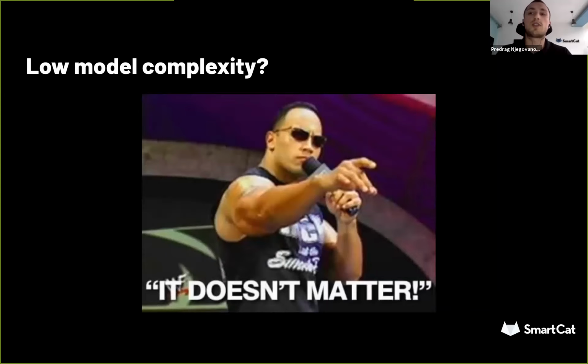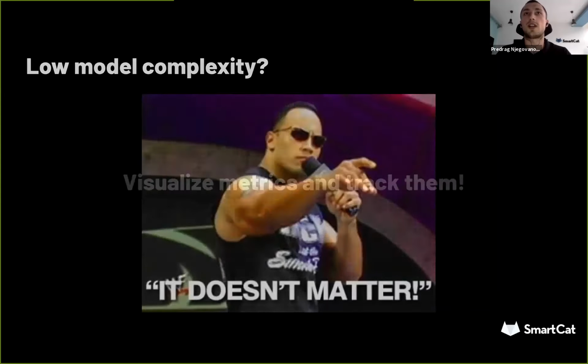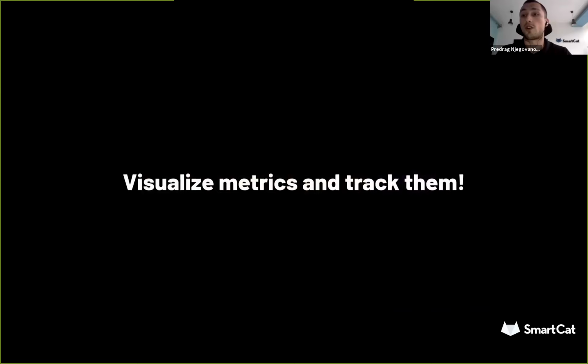So what's really important in reinforcement learning is to monitor your training procedure, because visualizing metrics and tracking them can tell you a lot about what's going on. Everything's fine when the algorithm works, but when it doesn't, you should implement some kind of visualizations to see why it's not working.